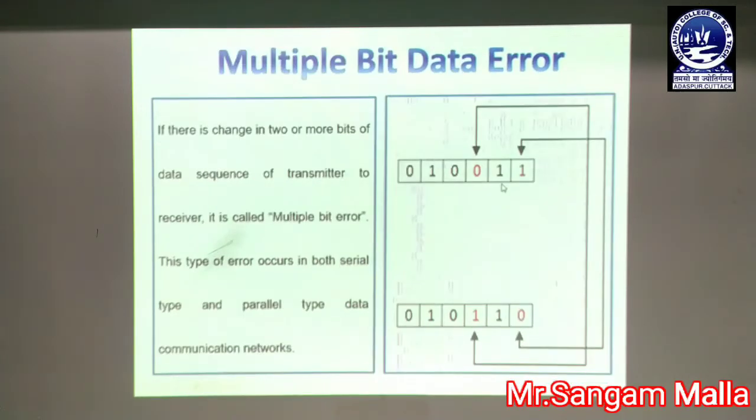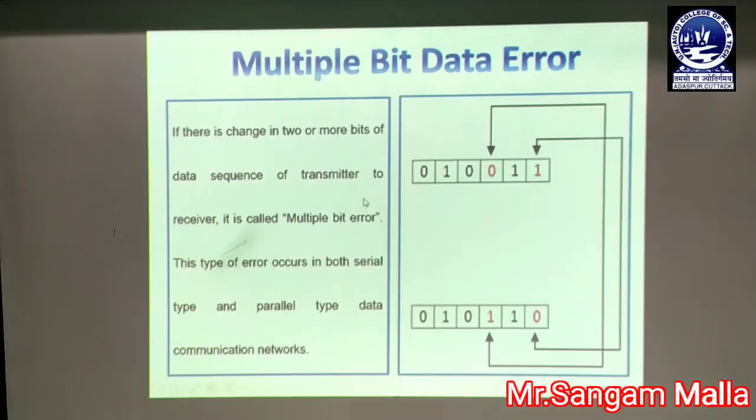Now we will be moving to multiple bit data error. What do you mean by multiple bit data error? If there is a change in 2 or more bits of the data sequence from the transmitter to the receiver, it is called a multiple bit error. That means whenever we are dealing with a data sequence and we have more than one bit in error in a single sequence of data, we call it a multiple bit data error.